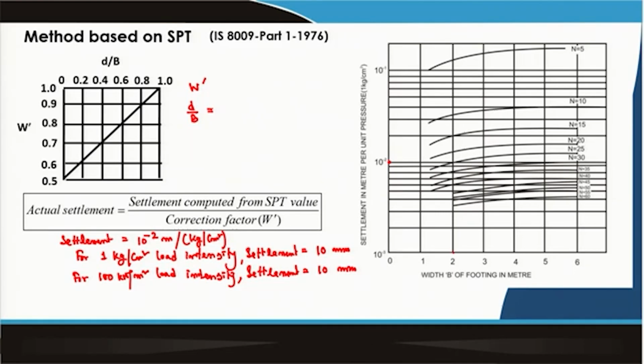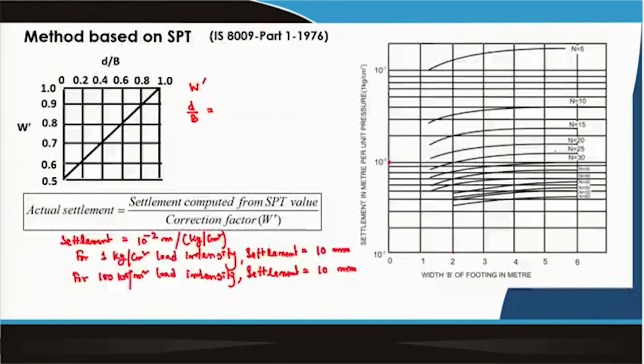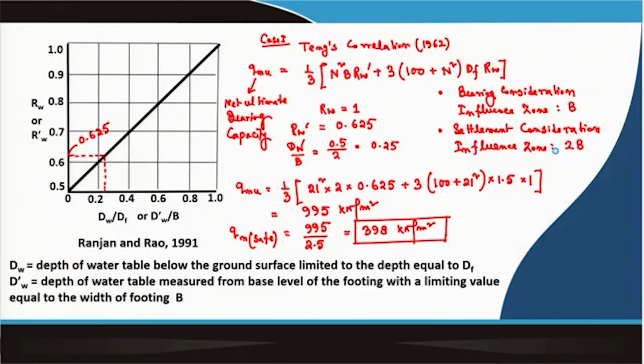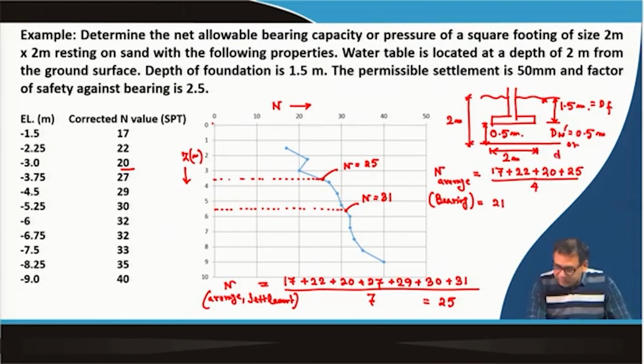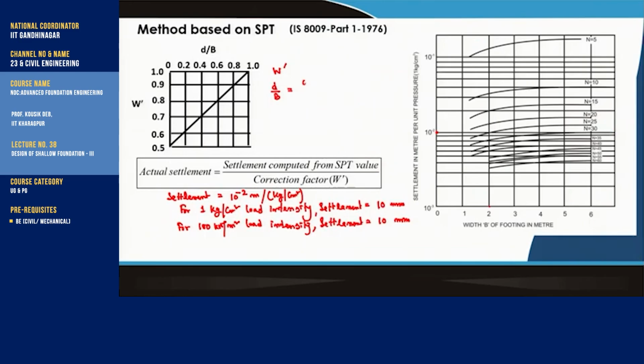the water table position from the base of the foundation. So, here we can write DFW, or small d also we can write. This d is equal to 0.5 meter, and b is 2, so d by b is 0.25.